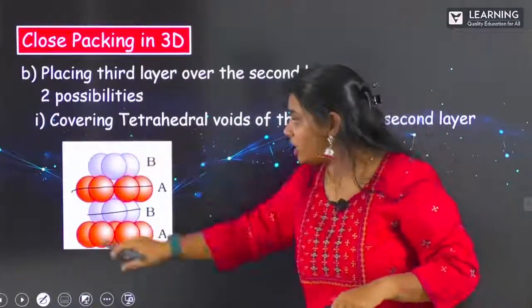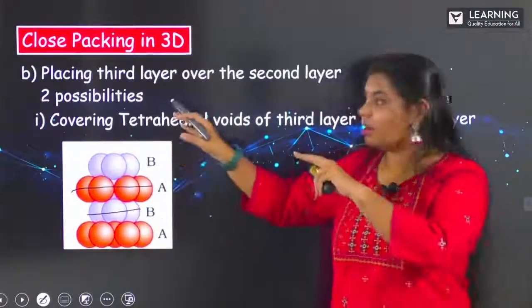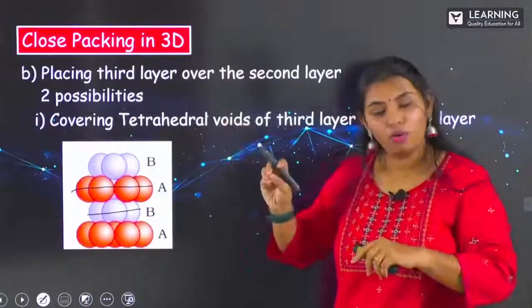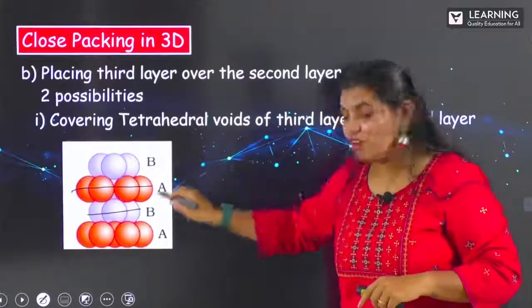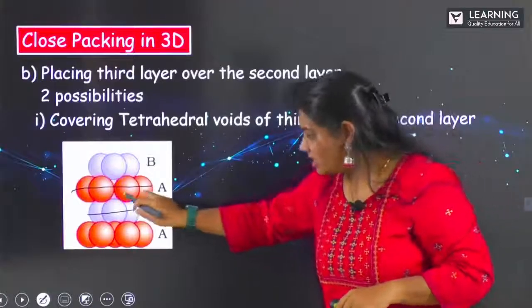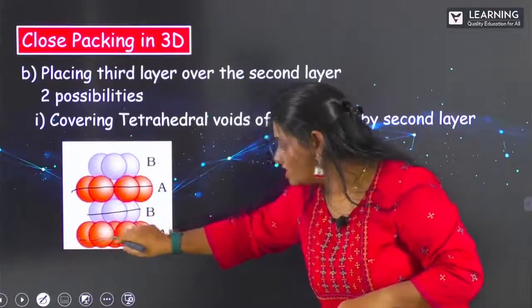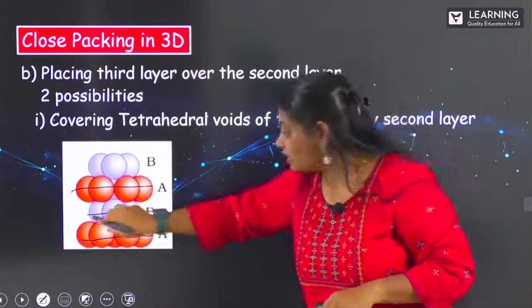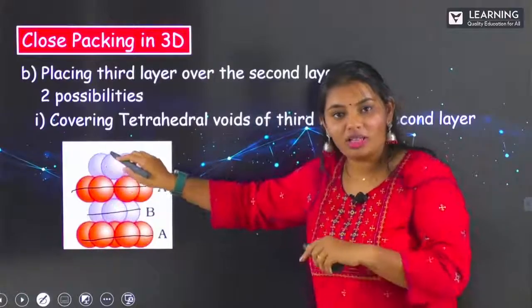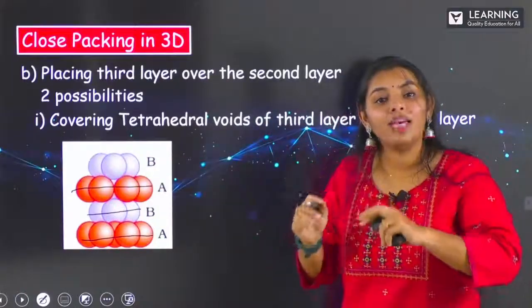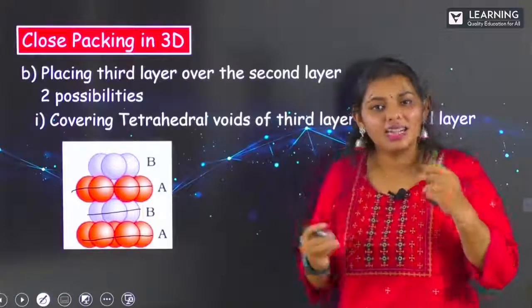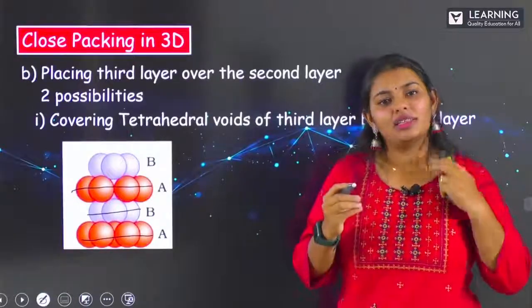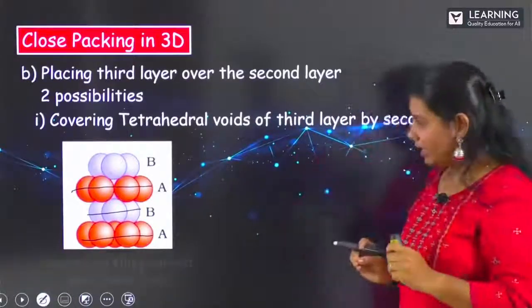This is the type of arrangement we can see in the close packing in 3D. You can see here the first layer is the same as the third layer. The second layer is the same as the fourth layer. So the arrangement is AB type of arrangement. The crystal lattice, whatever is formed, is in the form of AB type of arrangement.